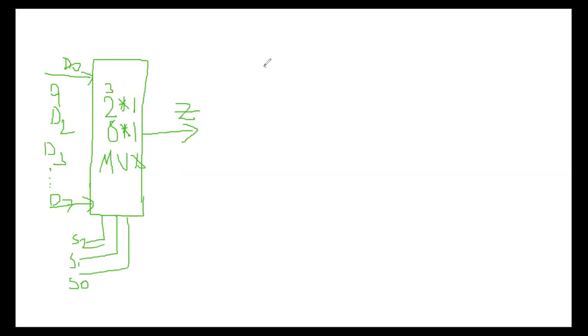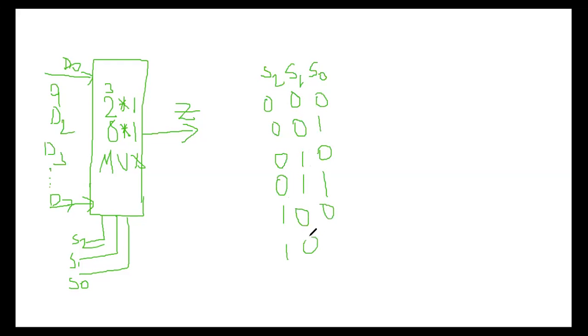Now the truth table has S2, S1, and S0. So there is a 3-bit binary: 0 0 0, 0 0 1, 0 1 0, 0 1 1, 1 0 0, 1 0 1, 1 1 0, and 1 1 1.